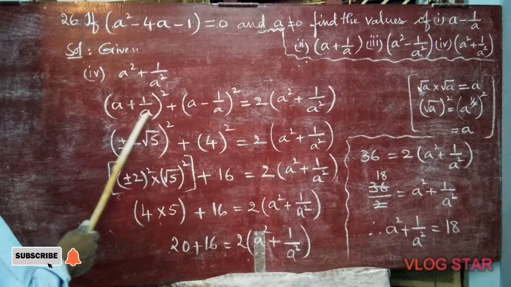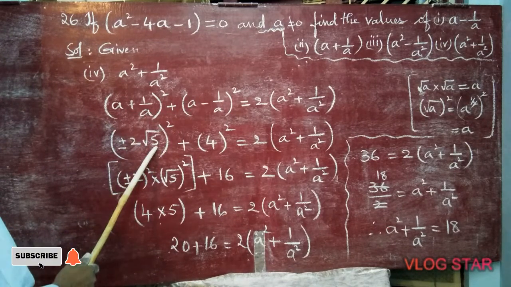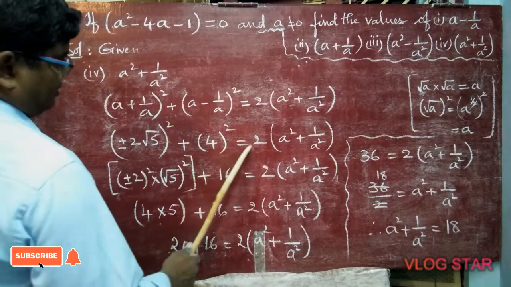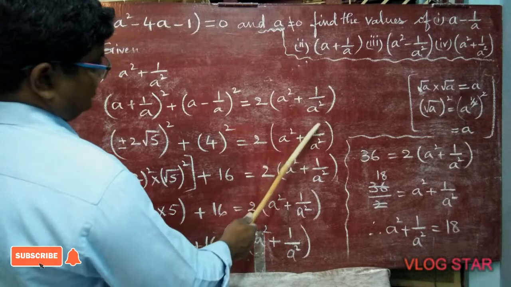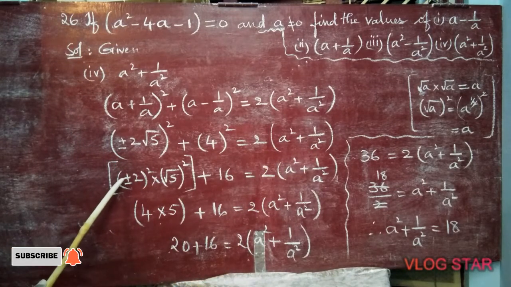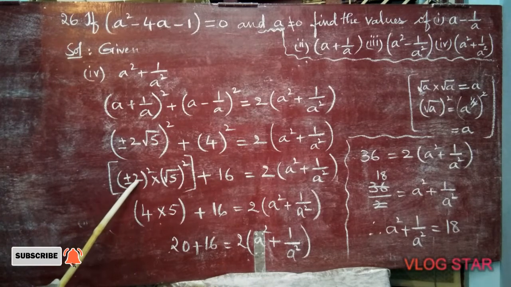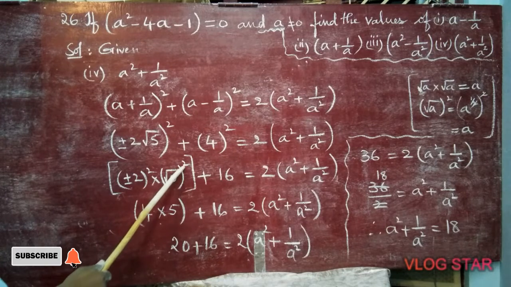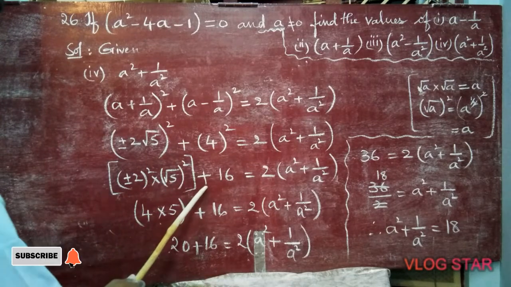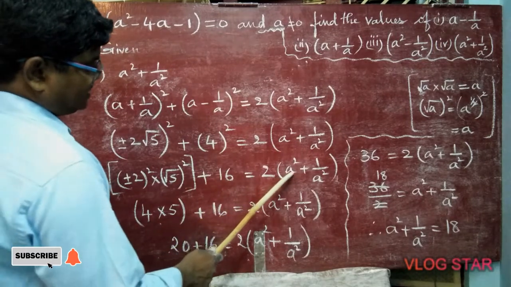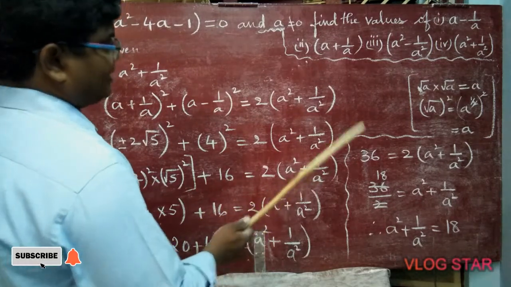Now we got the value of a plus 1 by a as plus or minus 2 root 5, whole square, plus 4 square is equal to 2 into (a square plus 1 by a square). Now separate clearly. Plus or minus 2 whole square into root 5 whole square plus 16 is equal to 2 into (a square plus 1 by a square).